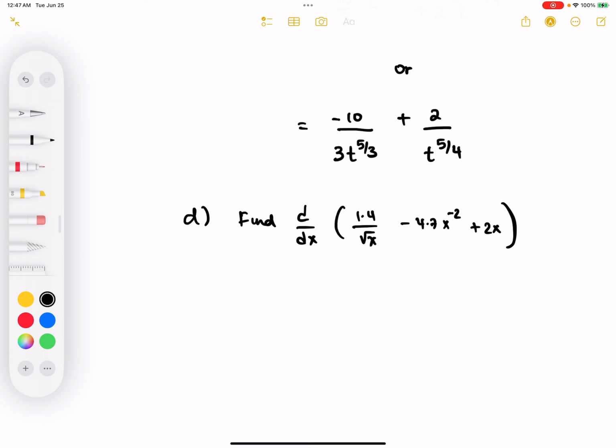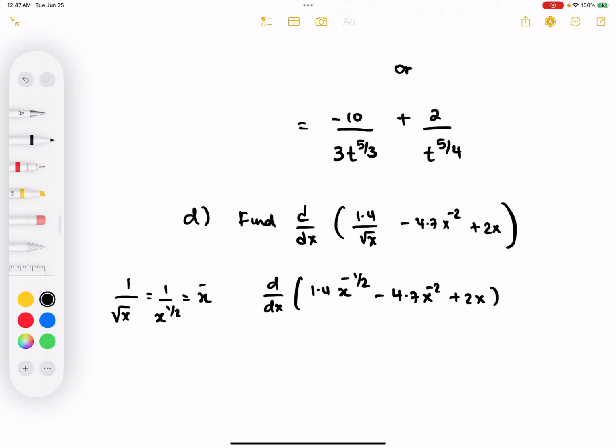Now, first, the setup. For example, the first one, 1.4 x to the negative half. The second one, okay, as it is. The third one, 2x. Remember, 1 over root x is 1 over x to the half. This is equal to x to the negative 1 over 2.